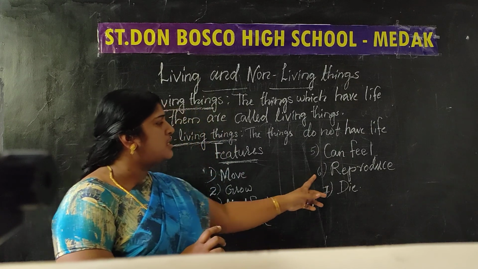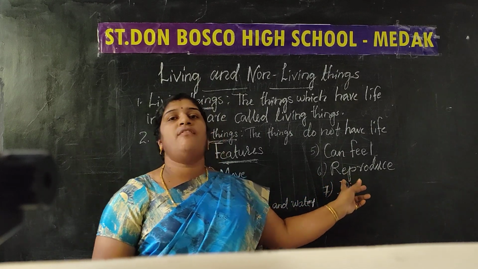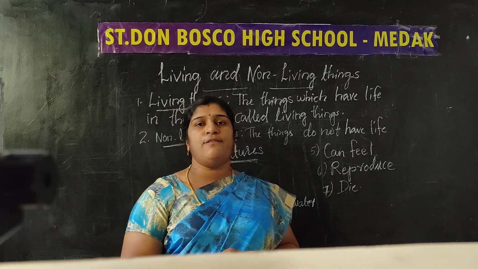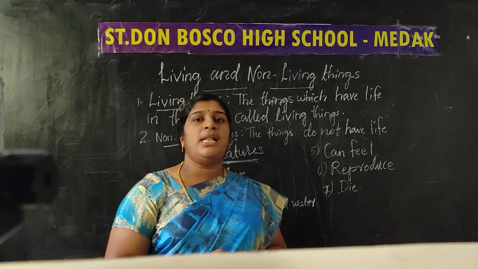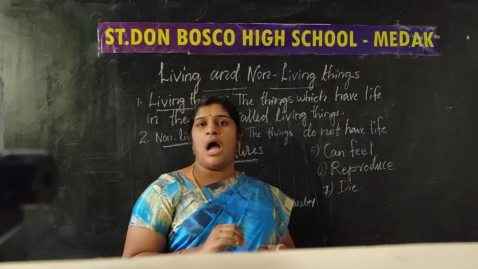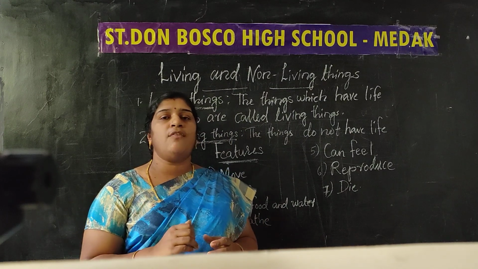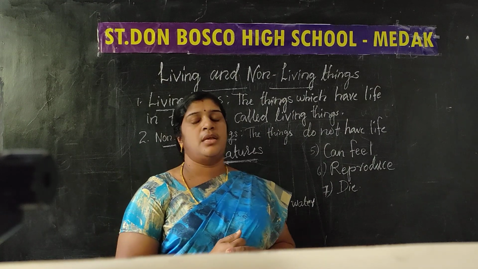So next one, the sixth one, what is it? Next feature, reproduce. All living things can reproduce. For the continuity of life, all living things reproduce. Animals like cat, dog, cow and human beings give birth to young ones.